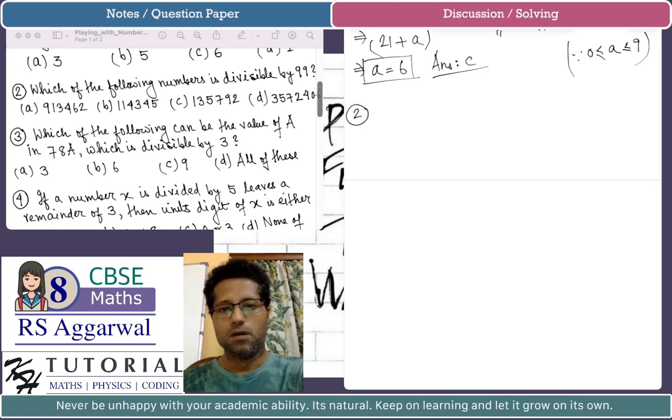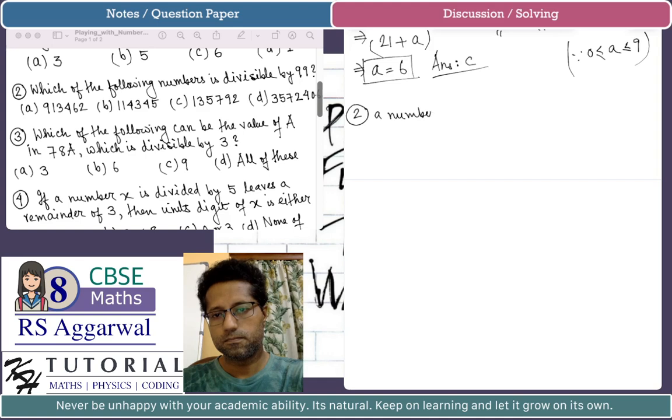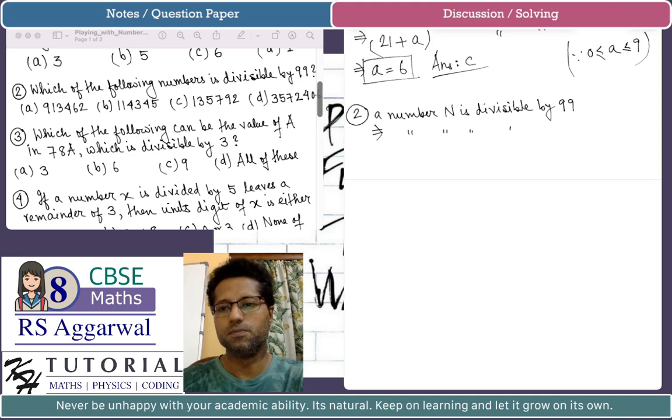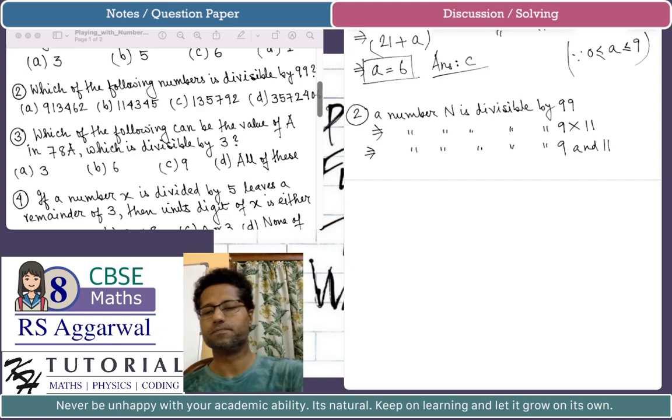Now, if a number n is divisible by 99, and 99 is 9 into 11, then number n must be divisible by both 9 and 11.